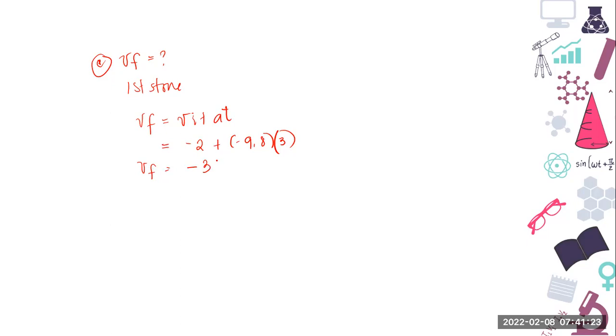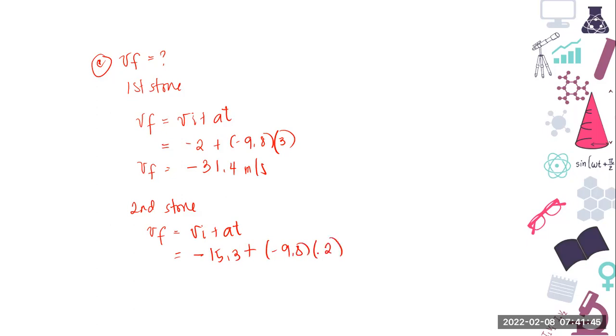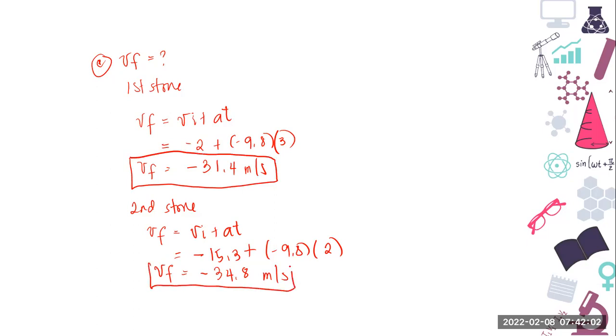This is negative 31.4 meters per second. And for the second stone, we can also use the same formula. Vf is equal to Vi plus at. And that is negative 15.3 plus negative 9.8 times 2 this time, because it was thrown after 1 second. So the final velocity of the second stone is negative 34.8 meters per second.